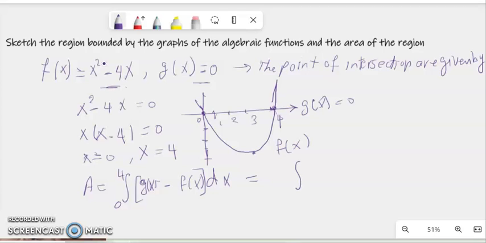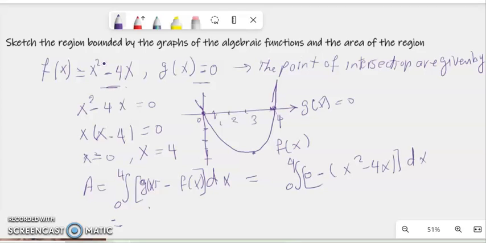So g of x is 0 minus f of x, which is x squared minus 4x, all this dx.